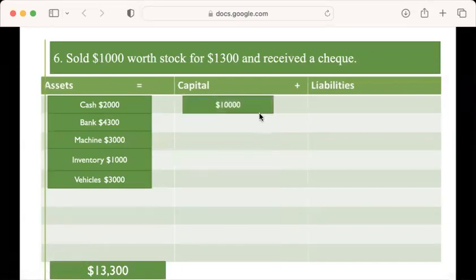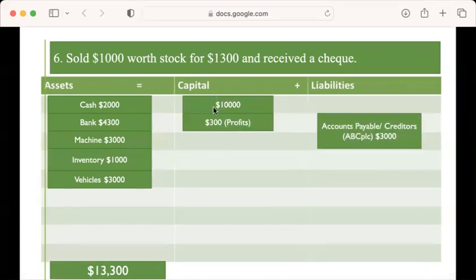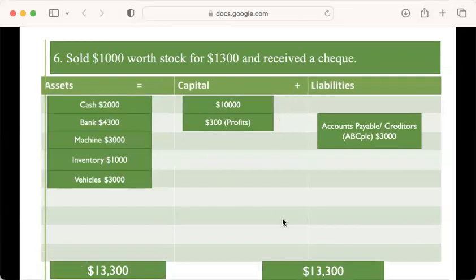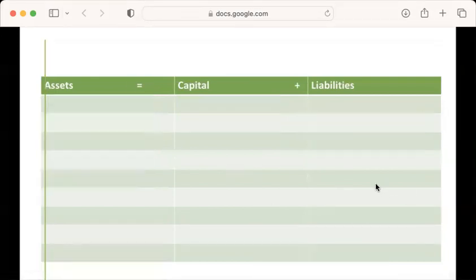That 300 should be given to the owner in terms of profit. So capital side will now become 10,300 and liabilities is 3,000. So altogether 13,300 even on that side.